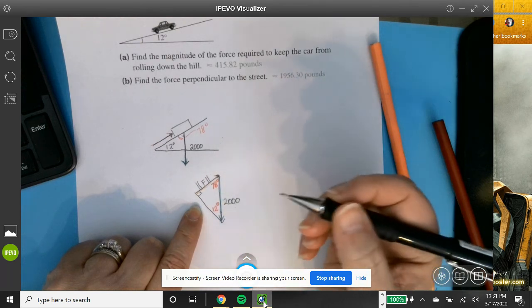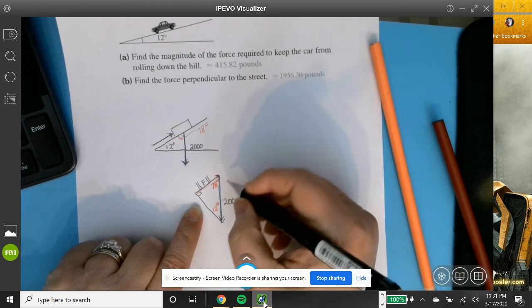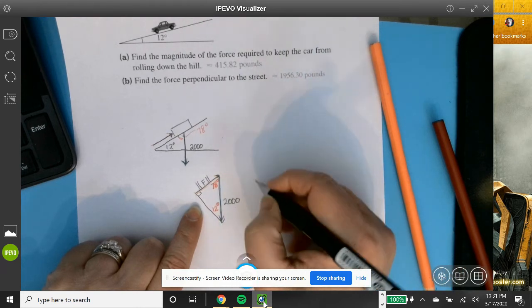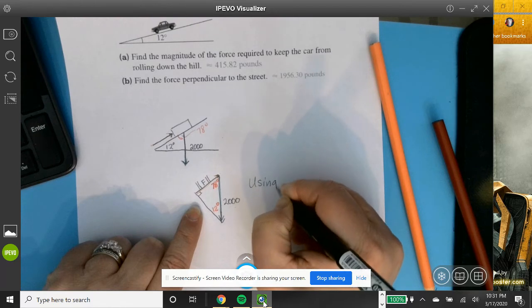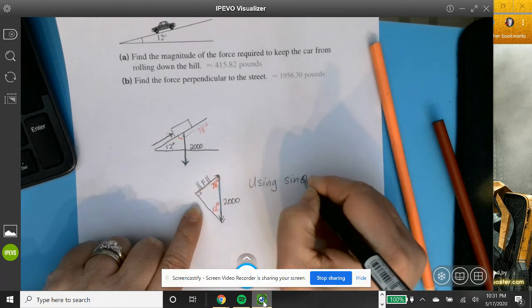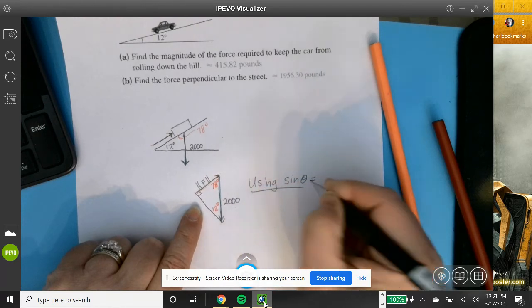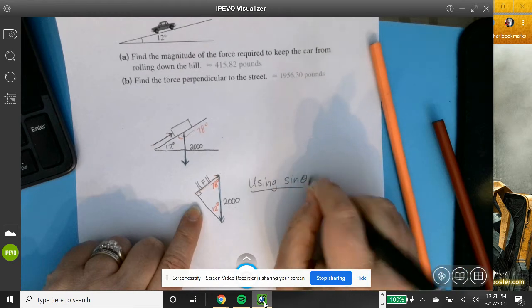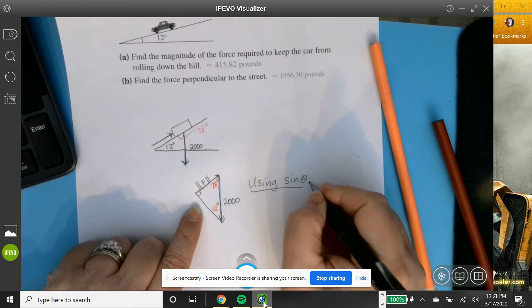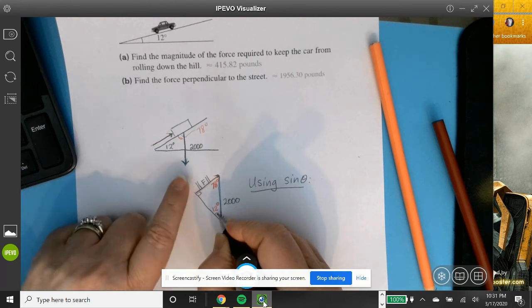So since I used cosine on the last problem, let's use sine. So if I use sine, this would be the opposite. I could use either, but I'm just trying to be different. Let's use sine theta. So if I use sine theta, then I'm going to have to use this angle here because the force is the opposite.